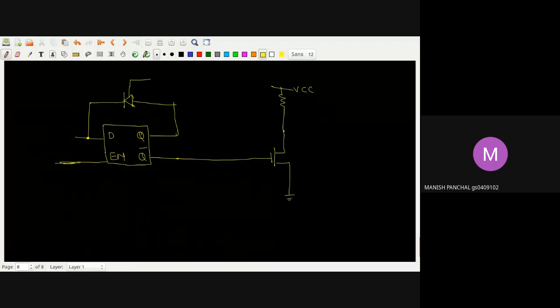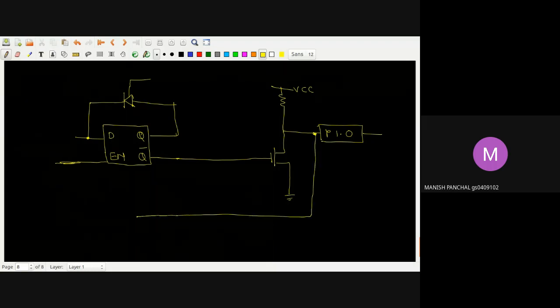And this is the P1.0 pin. So this is P1.0. Okay, this is the output of this. And further, what they have done, they have just, for reading purpose, they have used one tri-state buffer again.